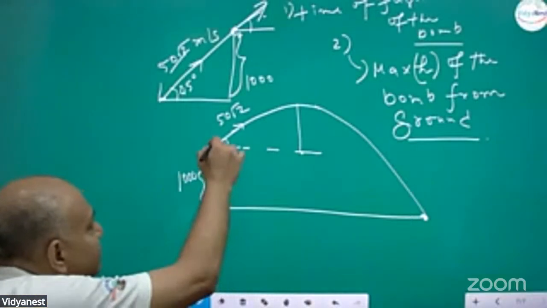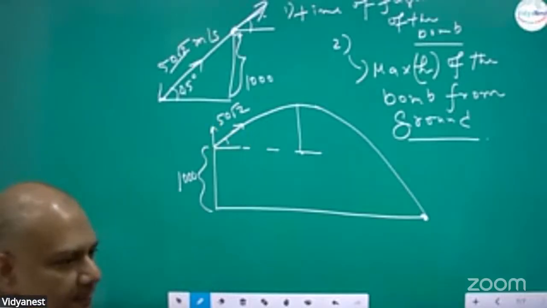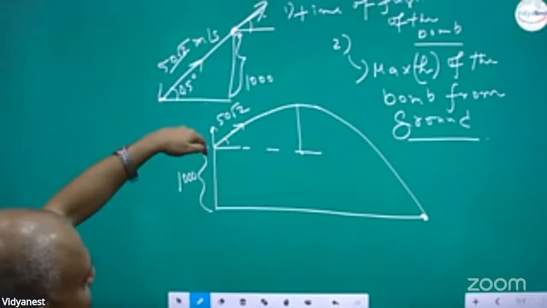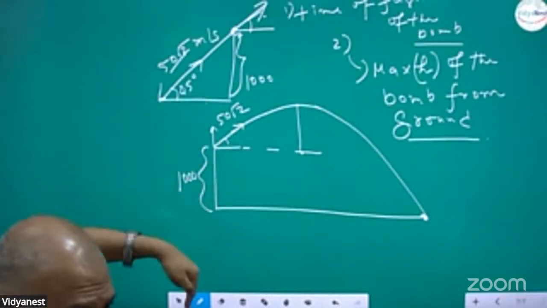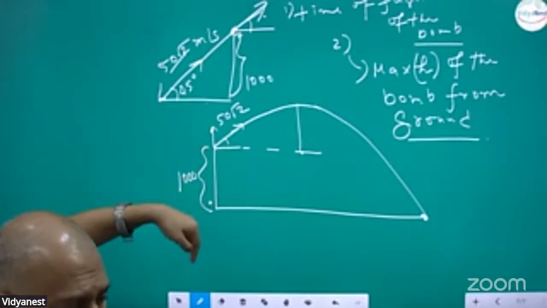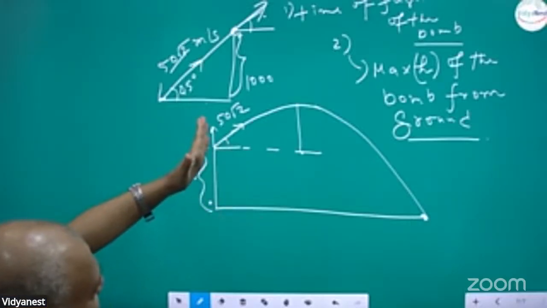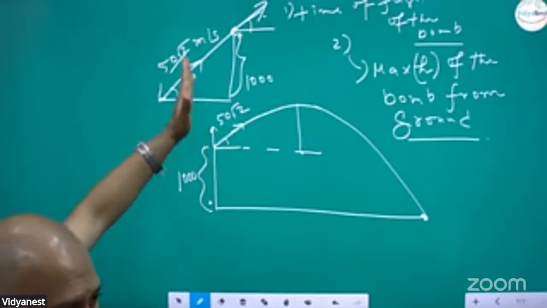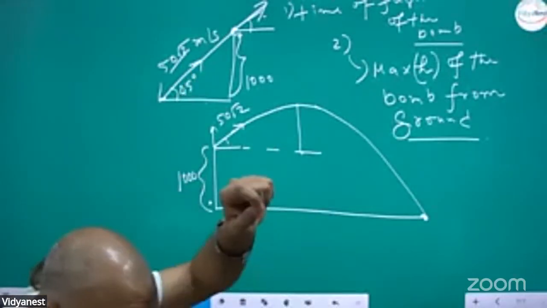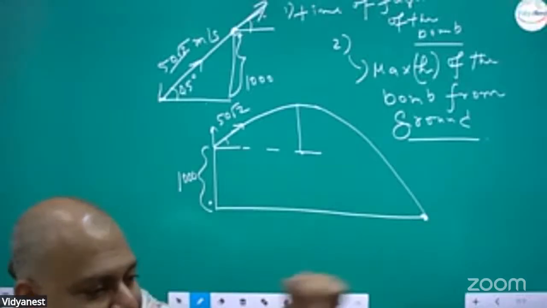Initial velocity in the vertical direction is upward, but ultimately, if I consider the vertical motion, it has moved downward. So initial vertical velocity is upward, but displacement is downward. So we have to put the downward displacement as negative, minus.